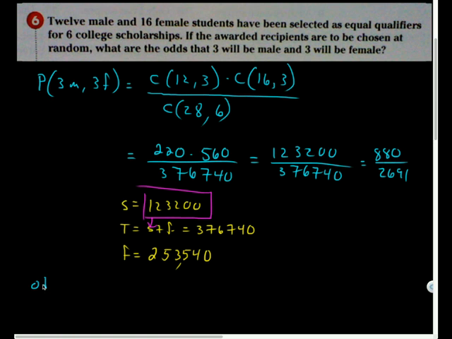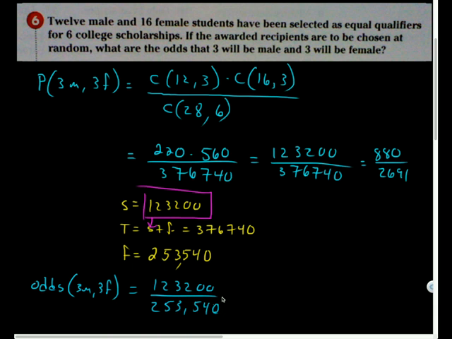So the odds of 3 male, 3 female is going to equal the number of ways it can succeed, my bad, 123,200 over the total number of ways it would fail. So it's a ratio, right?